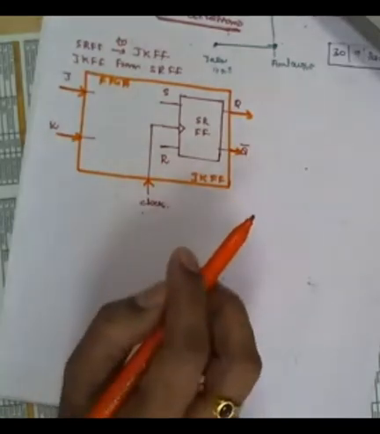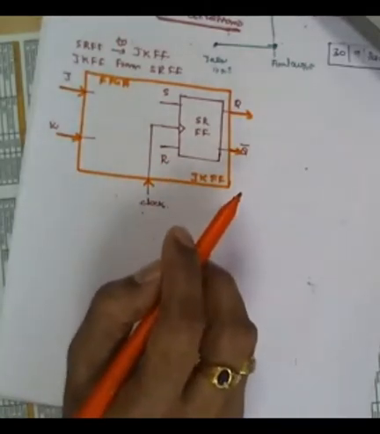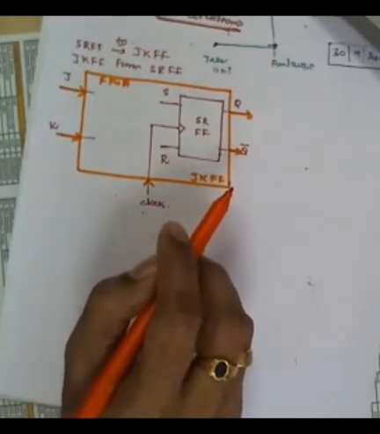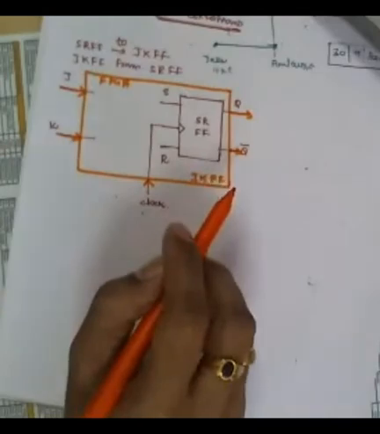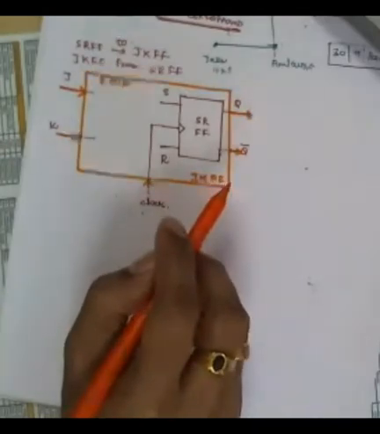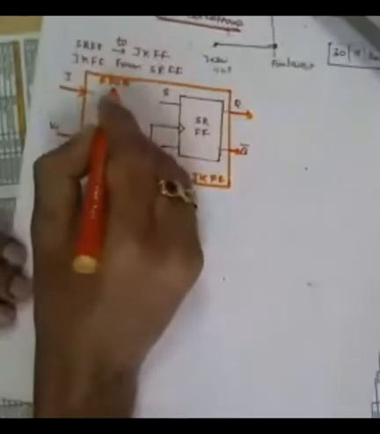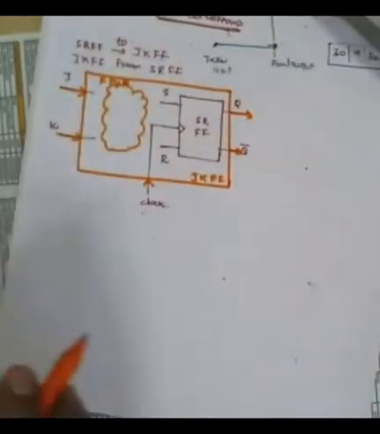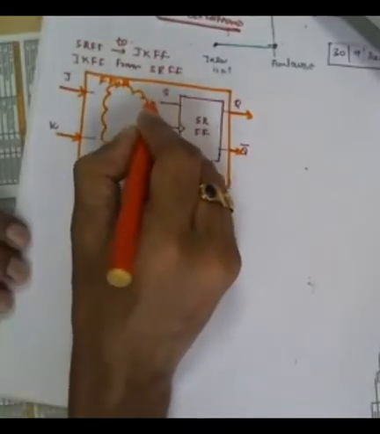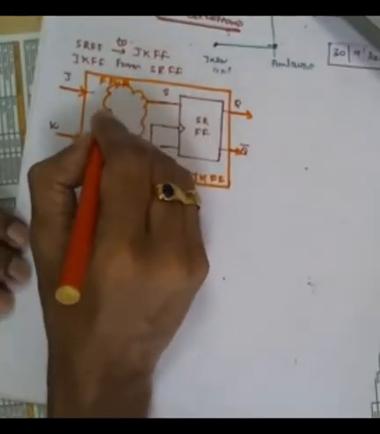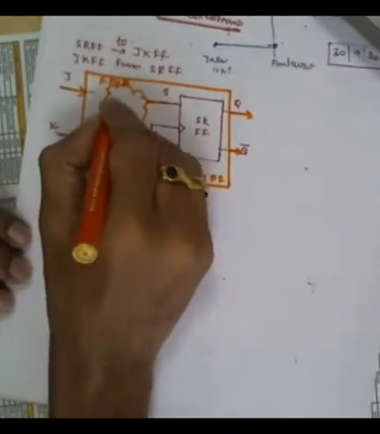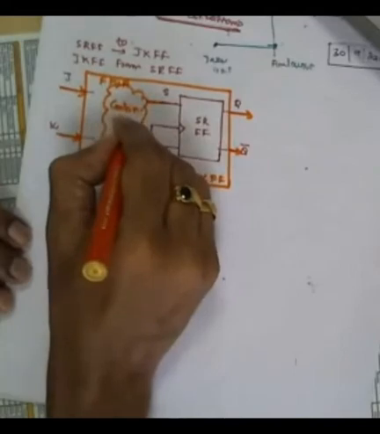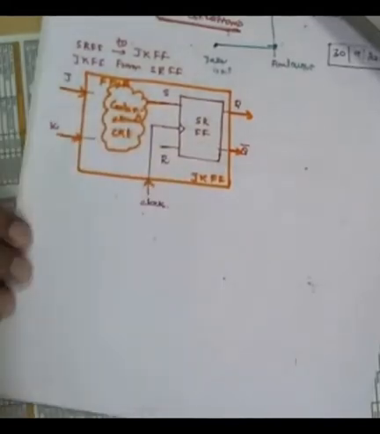So the idea is, therefore, we needed to do some data processing here, some data manipulation, to make the SR flip-flop act as the JK flip-flop, right? So I'm going to introduce some part here. That part will definitely be a combinational circuit.